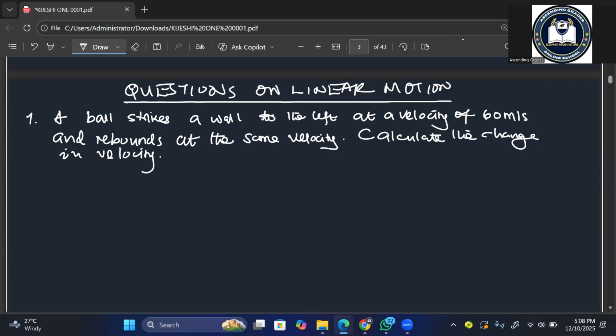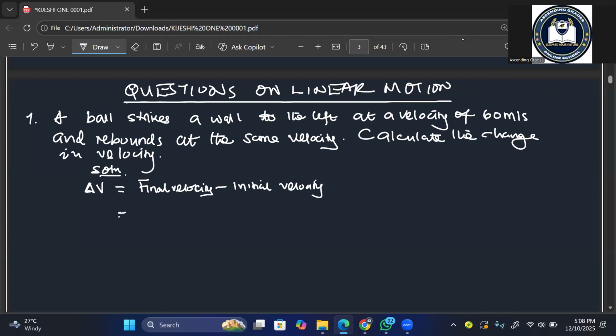So we can have the solution. The moment you are asked about the change in velocity, then change in v will be given by final velocity minus initial velocity, because we just want a change.